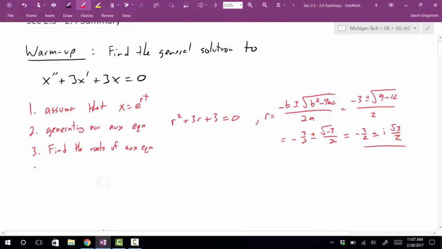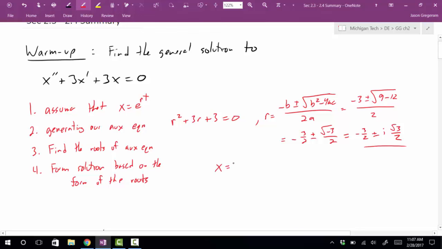All right. Next, form. We are forming the solution. So form the solution based on the form of the roots. In this case, we're in the complex case.